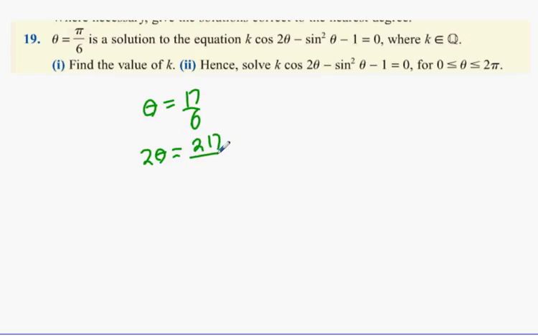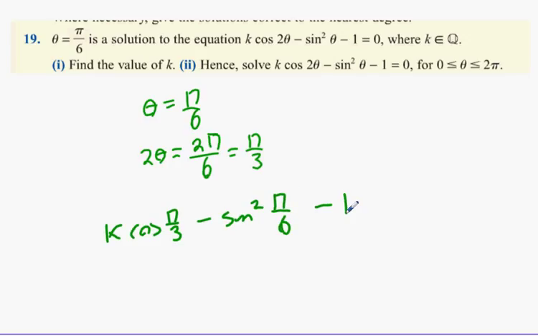No, when you multiply a fraction, you only multiply the numerator by the number, not the denominator. So, 2 pi over 6, which is pi over 3. Insert it in, so it's going to be k cos, anybody? Pi over 3, yeah, minus sine squared pi over 6, minus 1 equals 0.